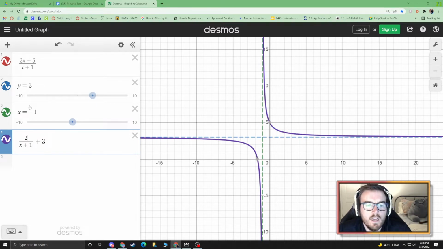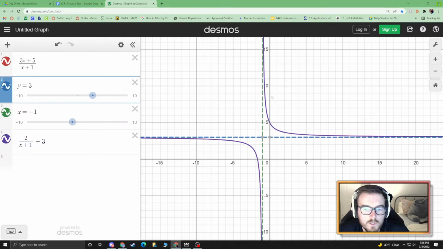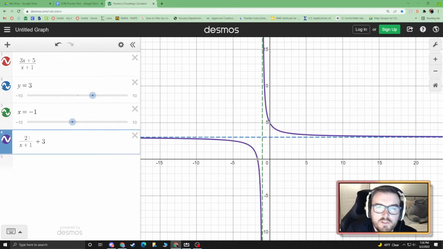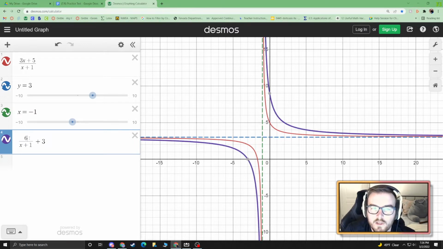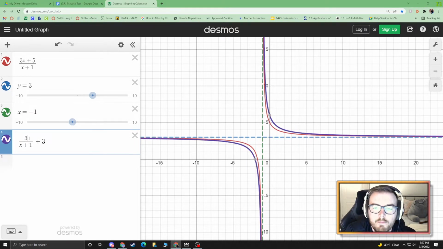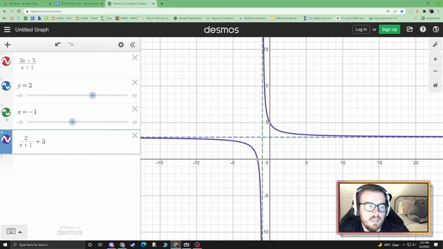I'm looking at the original function, recognizing the asymptotes, and rewriting it with h and k so that I'm forcing the same asymptotes. Plus 1 forces that vertical asymptote and plus 3 forces that horizontal asymptote. You might have chosen 3 first, and then realized the bigger it gets, the further apart it gets, so you need to shrink back down, and 2 is that magic number where it overlaps.